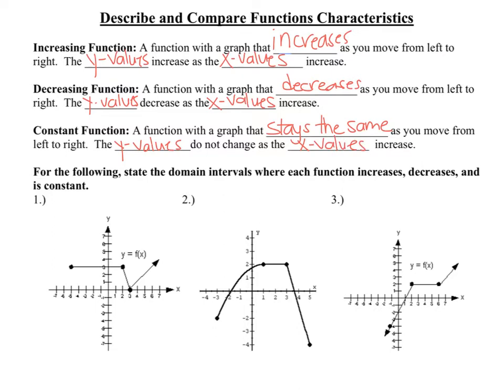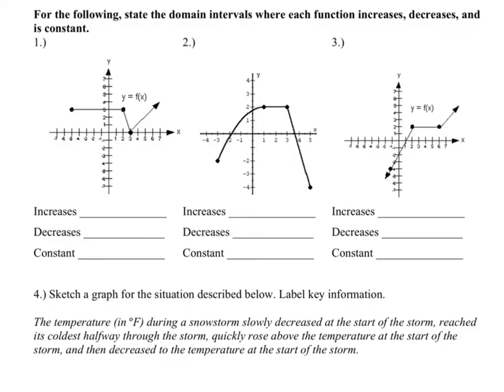On the next example, we're going to talk about domain intervals and break it down and talk about where the function is increasing, decreasing, and staying the same. So on example 1, it's increasing from here, and there we have an arrow, so it starts increasing at 3, and it continues increasing forever.